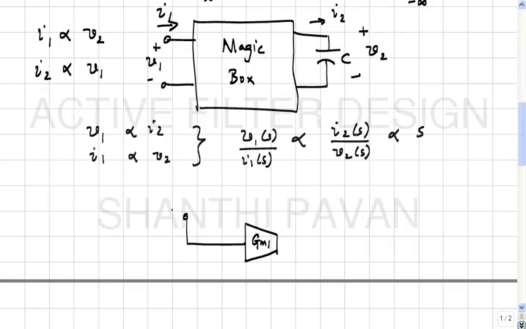So if this is V1, and you want I2 to be related to V1, alright, so what is this current now? GM1 times V1. What is this? And then you want the port 1 current to be related to port 2 voltage.